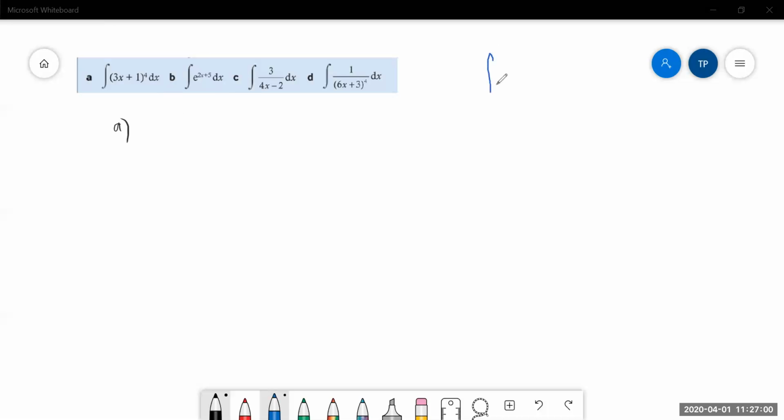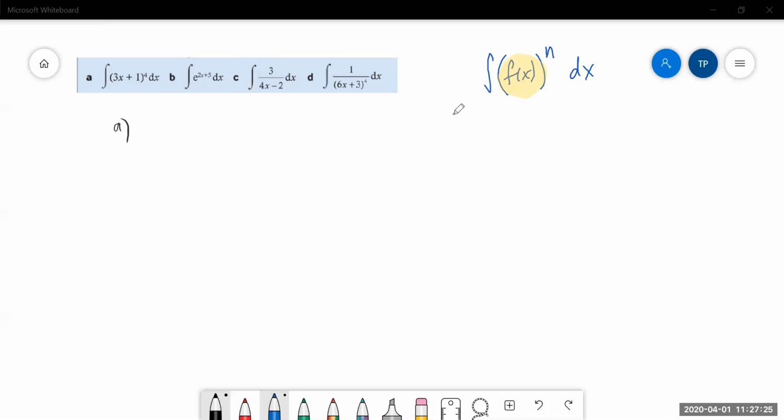Whenever you have something like that, understand that everything inside the bracket is your fx.